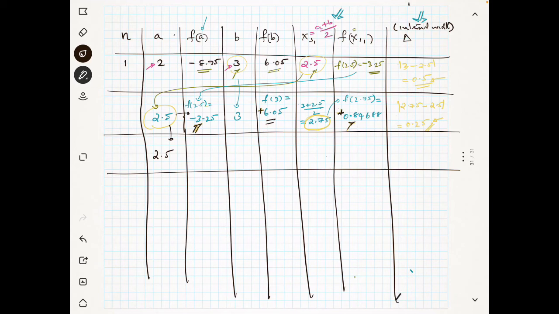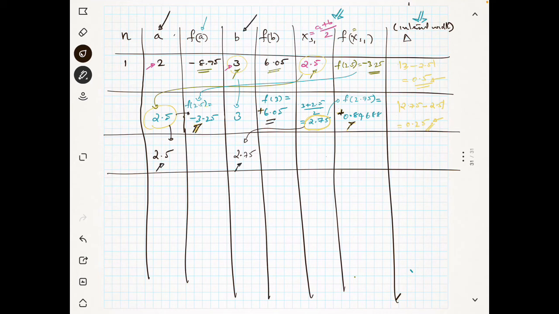So I will take this point 2.75, because 3 was in the previous iteration. So now my new a is 2.5 and new b is 2.75.